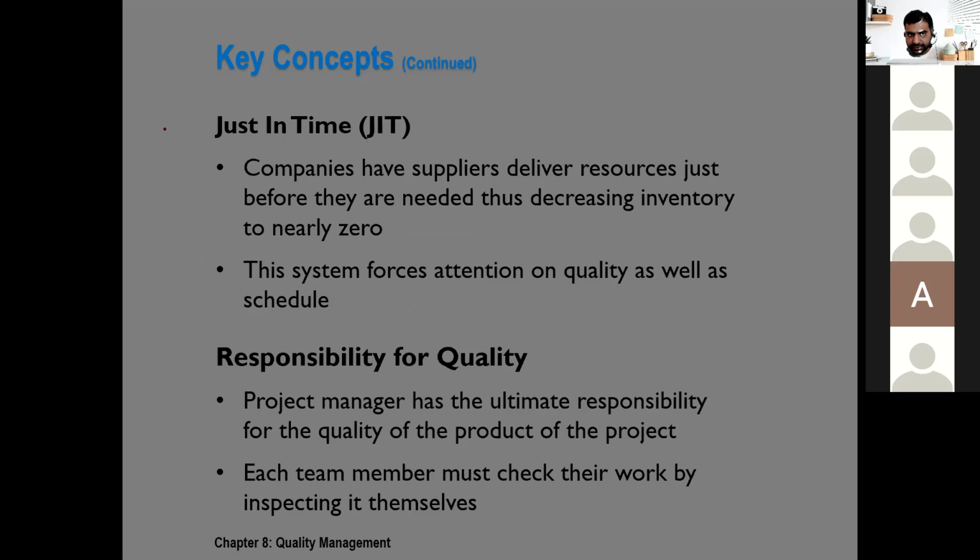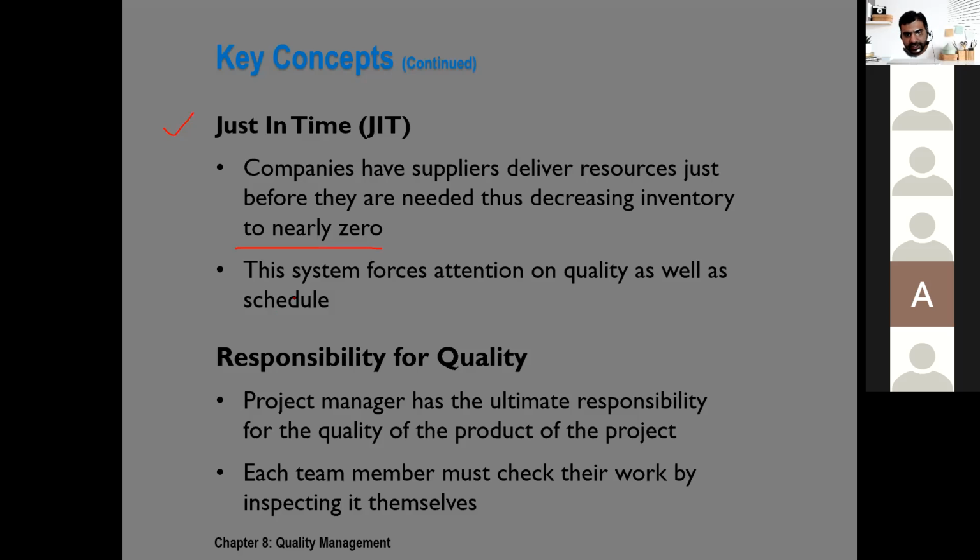Few more concepts. So just in time. Companies have suppliers deliver resources just before they are needed, thus decreasing inventory to nearly zero. Yeah, we already discussed that when we were talking about start to finish.